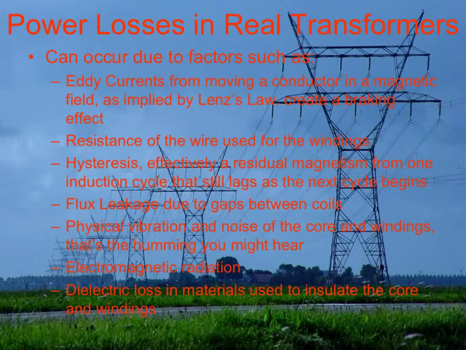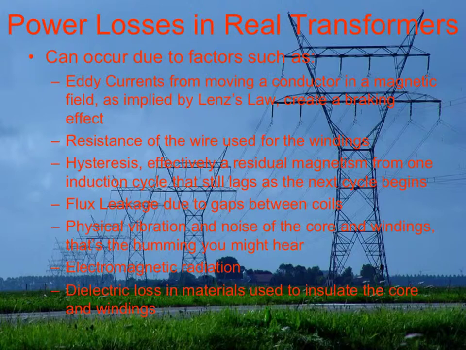We also have energy losses in the transformers, and the transformers are where we actually step up and step down the current, or we change the voltage, or we increase the voltage or decrease the voltage. The biggest places where energy is lost here are in eddy currents, and eddy currents are where you get those forces that are opposing the change in the magnetic flux, like we talked about before.